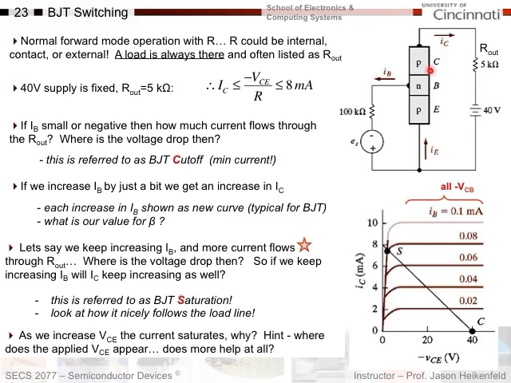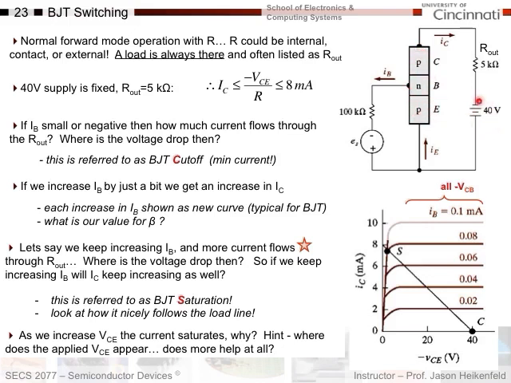Now, what we measure typically for a BJT is we'll measure collector current versus VCE, the total voltage drop across the BJT, which includes the reverse bias collector. Okay? So, I said if we basically have a small or negative IB, there will be no current flow and all the voltage drop will be across the base collector, meaning that the total voltage across the emitter to the collector will be 40 volts.